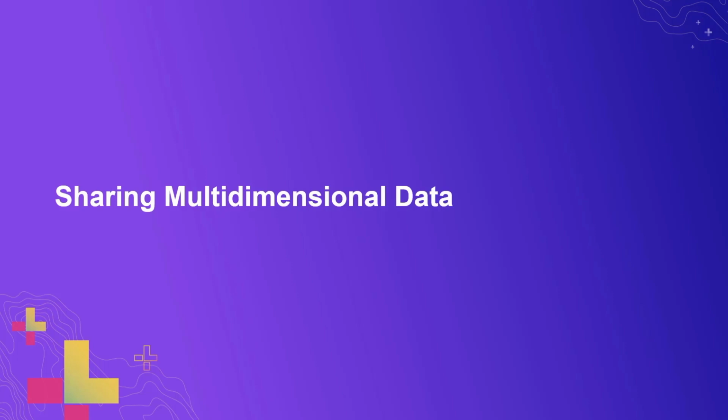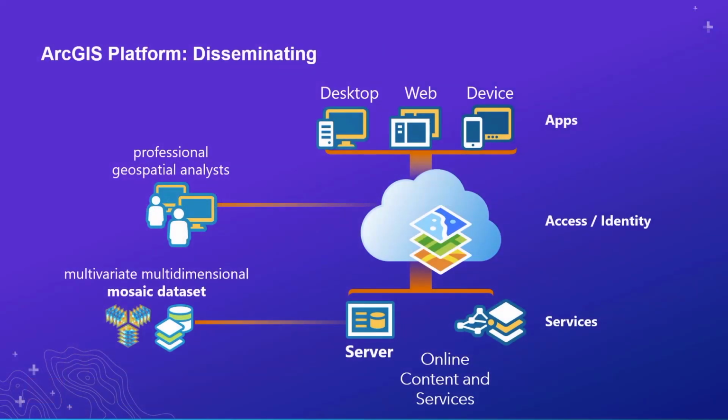Now that you have done your good work, compiled your data, created new information, how can you share them? The ArcGIS platform is a great platform for disseminating or sharing your work.